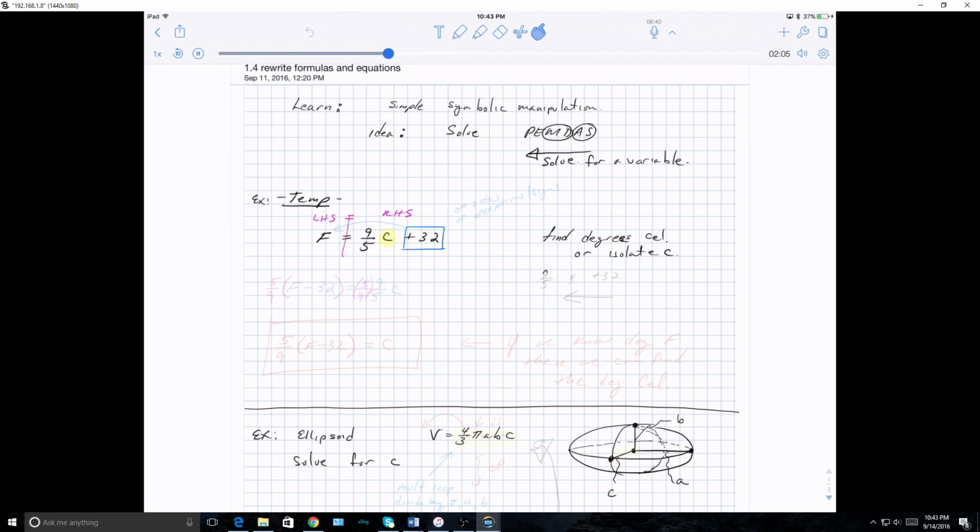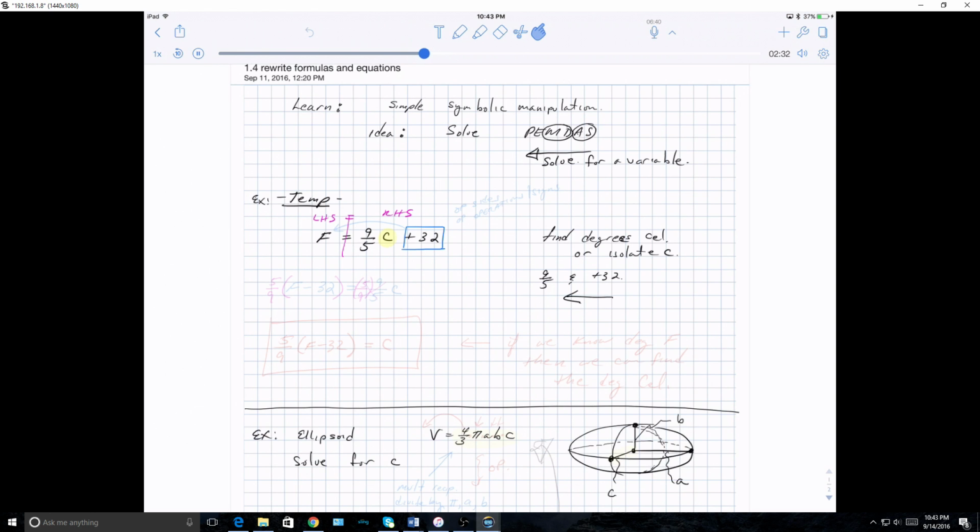Well, we need to get rid of 9/5 and the positive 32. So that's really easy. All we have to do is subtract 32 and then divide by 9/5, or multiply by 5/9. So we're just doing the exact opposite.